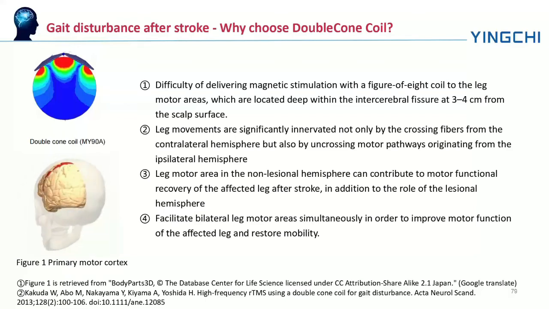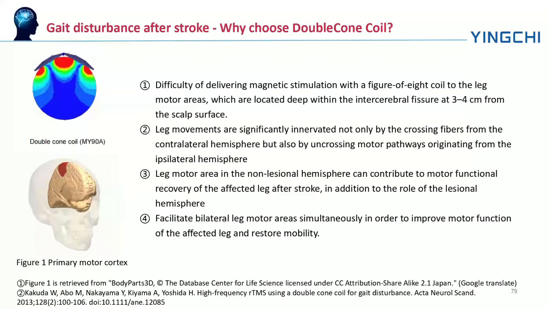Furthermore, in contrast to hand movements, leg movements are innervated not only by crossing fibers from the contralateral hemisphere, but also by uncrossed motor pathways originating from the affected hemisphere. In addition, it has been reported that the leg motor area in the non-lesional hemisphere can contribute to motor functional recovery of the unaffected leg after stroke.